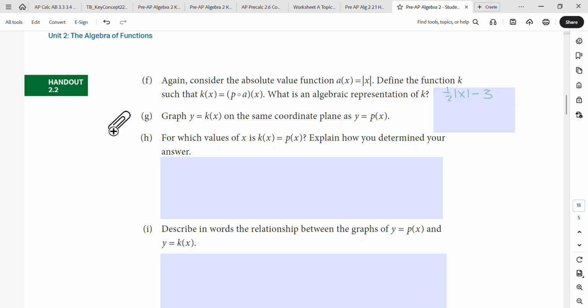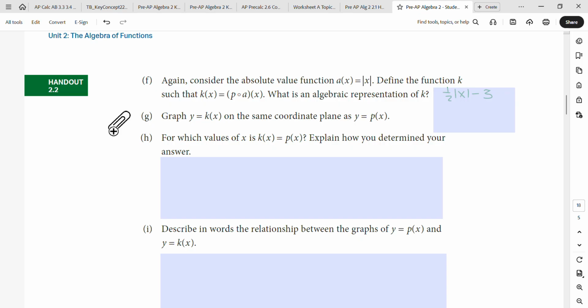This is a transformation of the absolute value function: a vertical dilation of 1/2 and a vertical translation of -3. We can start seeing that as we work through different types of functions.